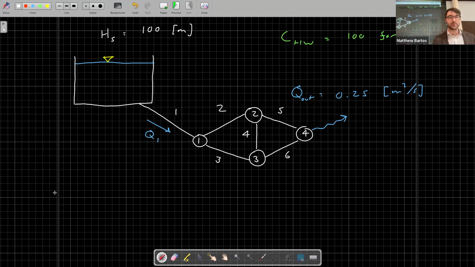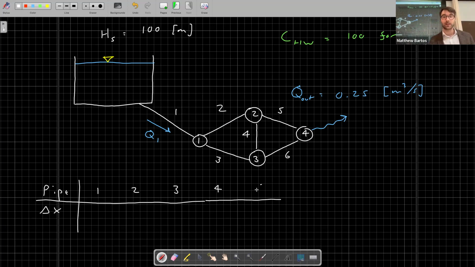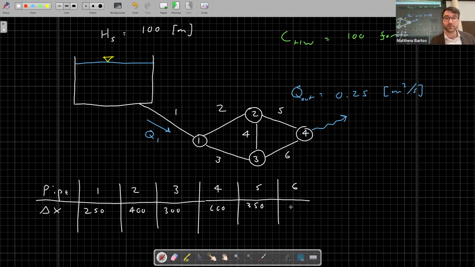And we have our table of values for the lengths and diameters. So the lengths, delta X, for pipes 1, 2, 3, 4, 5, and 6 are 250 meters, 400 meters, 300 meters, 600 meters, 350 meters, and 450 meters.